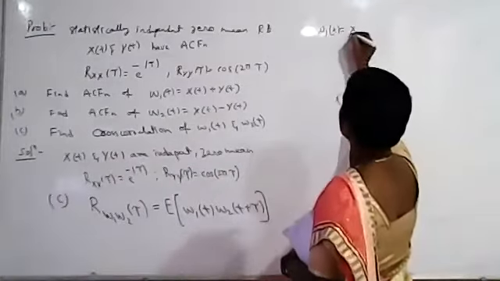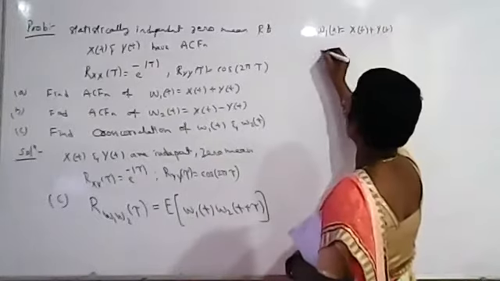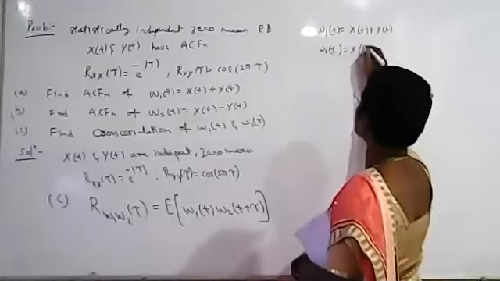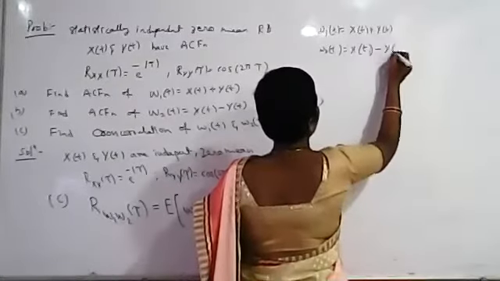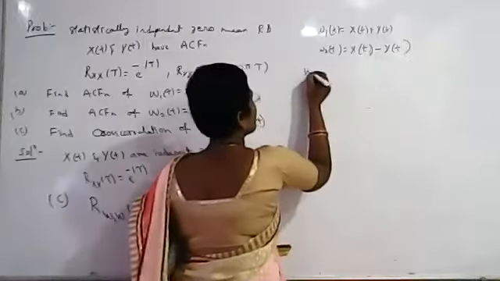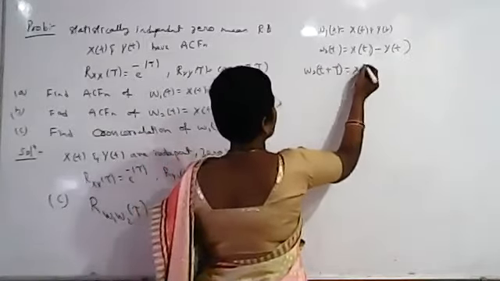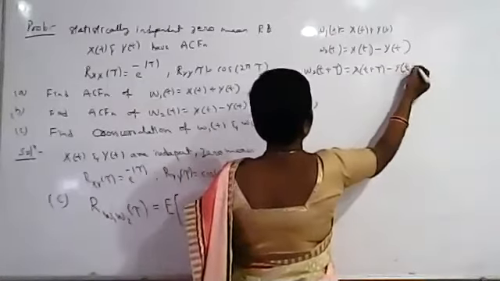Omega 1 of t is x of t plus y of t. What is omega 2 of t? Omega 2 of t is x of t minus y of t. So what is omega 2 of t plus tau? It is x of t plus tau minus y of t plus tau.